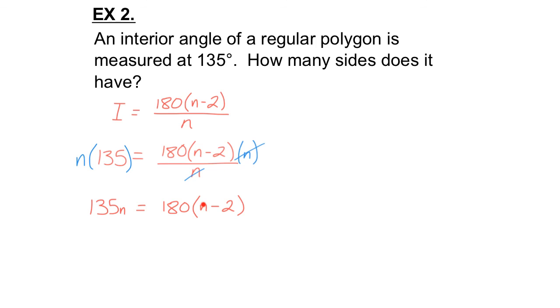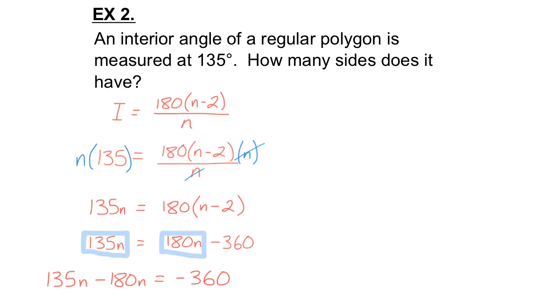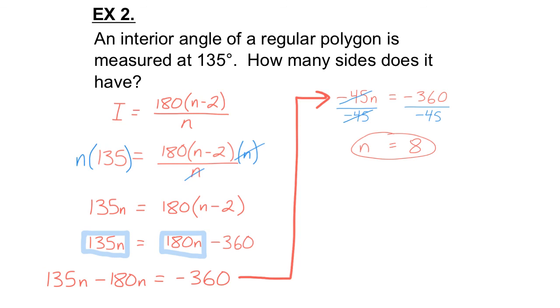So n minus 2 is multiplied by 180. That means n is multiplied by 180, so that's 180n. But minus 2 times 180 is minus 360. So now I don't have any brackets at all. Now I just collect my like terms, and I simplify, and then I solve. So I get n equals 8. The polygon has 8 sides.